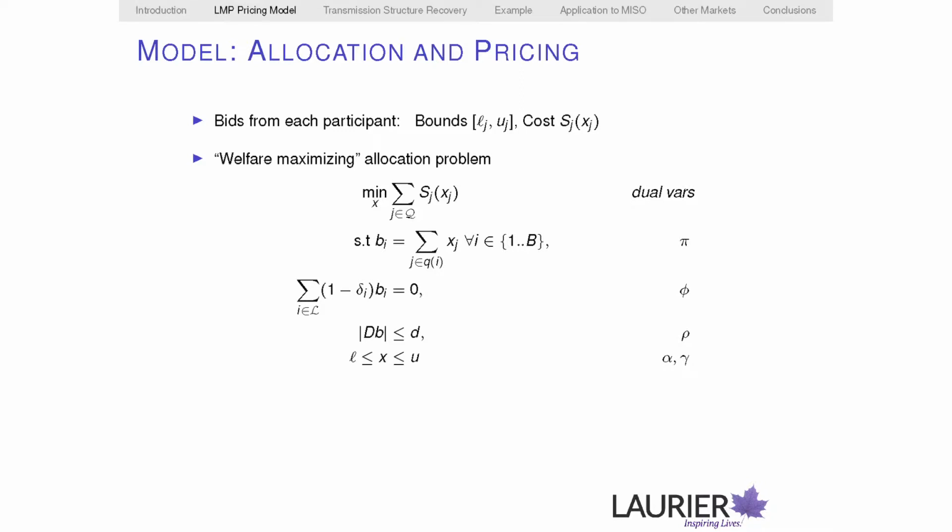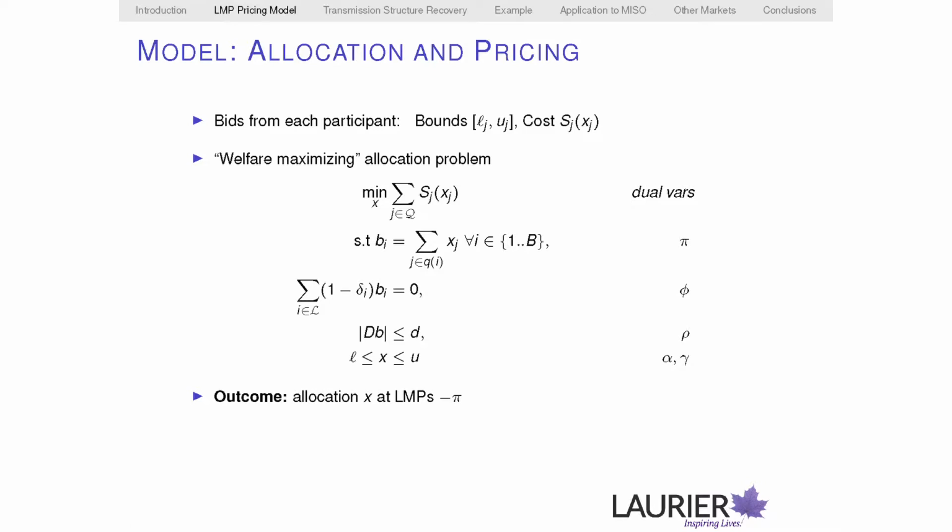Now, what's the outcome here? It is the allocation, X, and the LMPs correspond to the dual prices of the net production constraints here. So they're equal to negative pi. And that's the basic mechanism. So each hour, these bids are submitted.